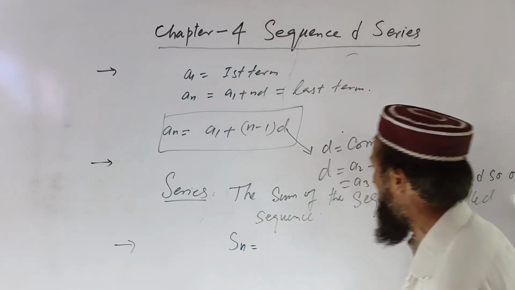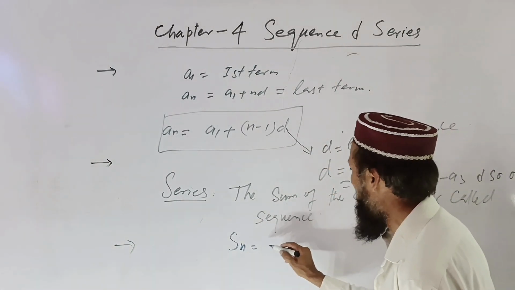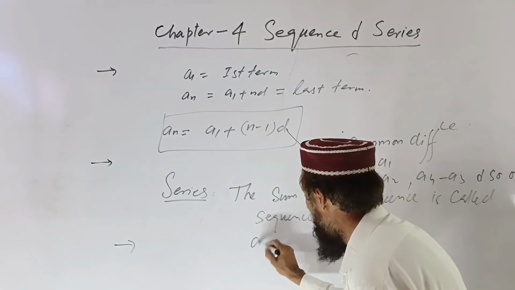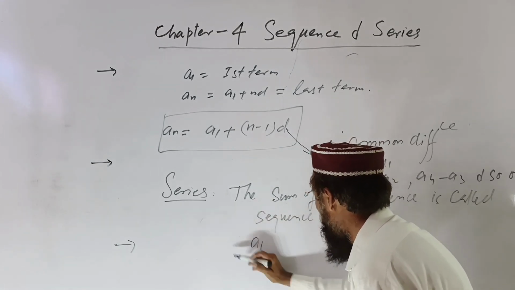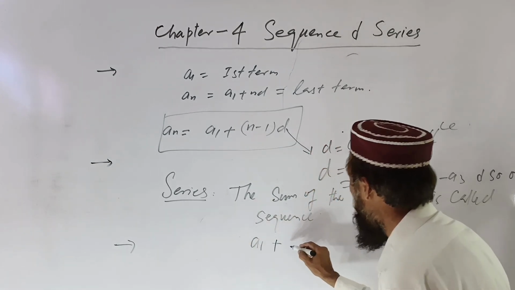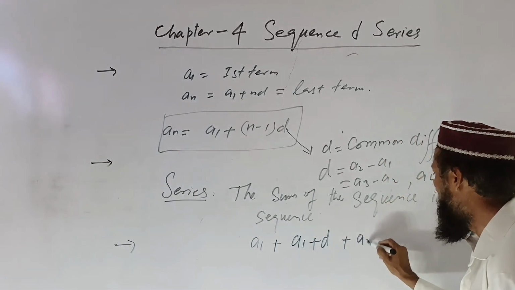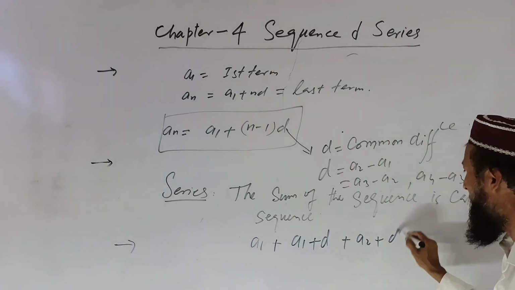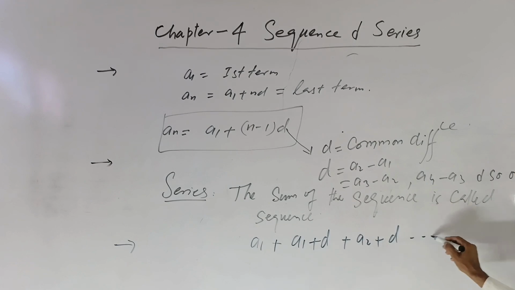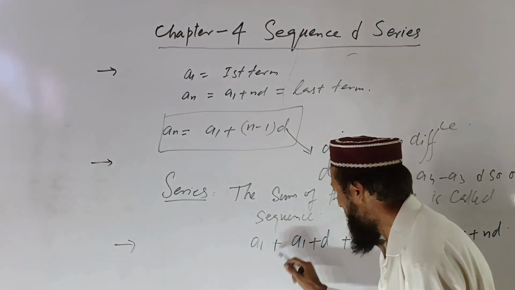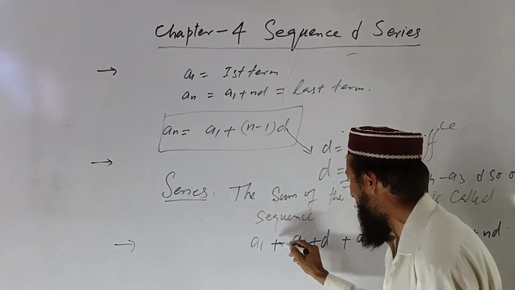Sn is used for the sum, and we write A1 plus, in the place of comma, A1 plus D, A2 plus D, and so on, up to plus A1 plus ND. In the previous terms we used a comma, and now we use plus.